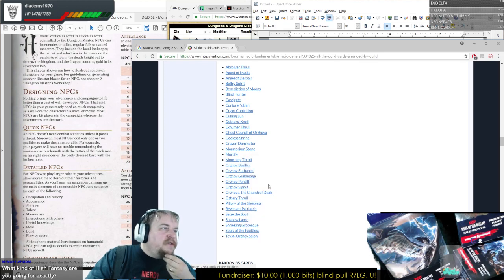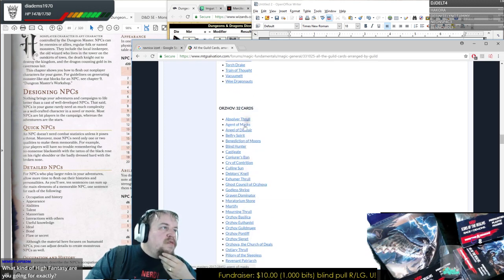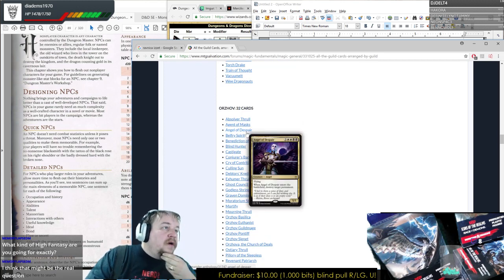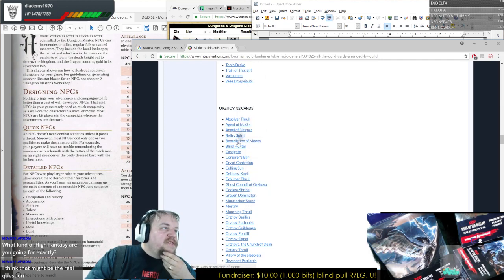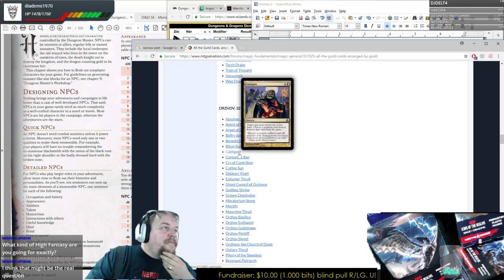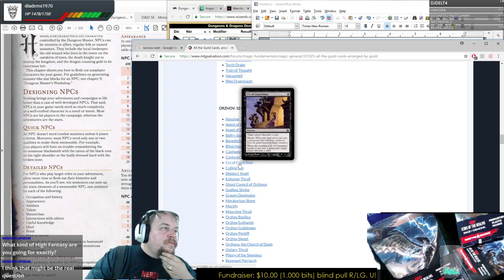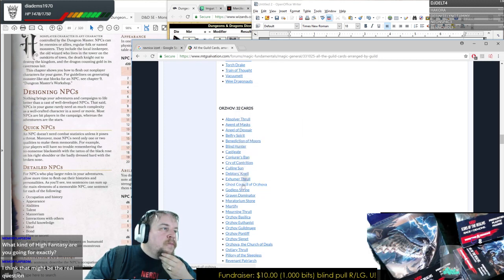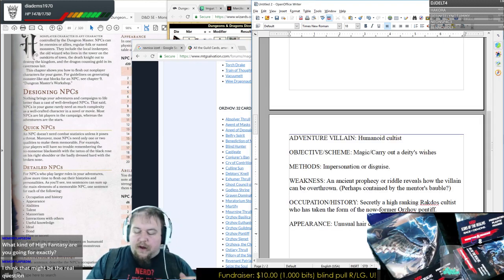Human advisor for Teysa. Thralls. Humans. Oh, there's an angel. Angel of Despair. Spirits. Huh, a bat. Okay. So probably an unusual hair color for a human.